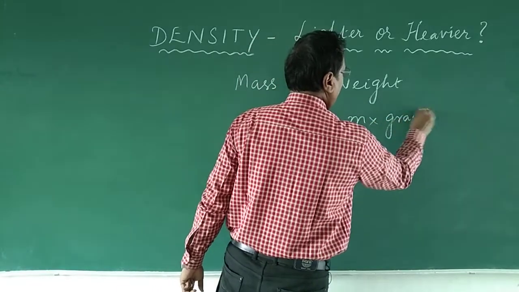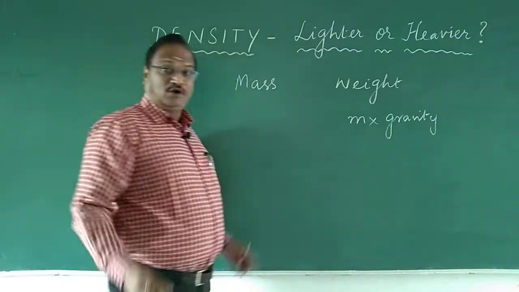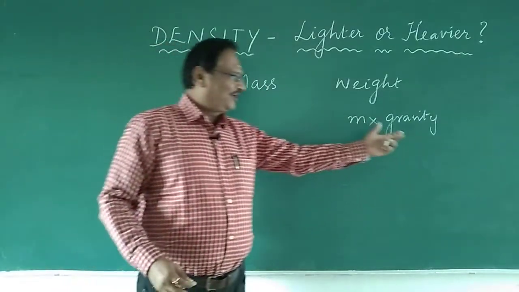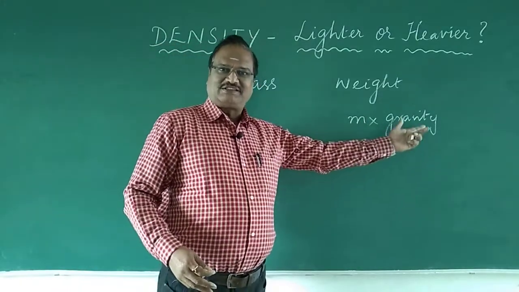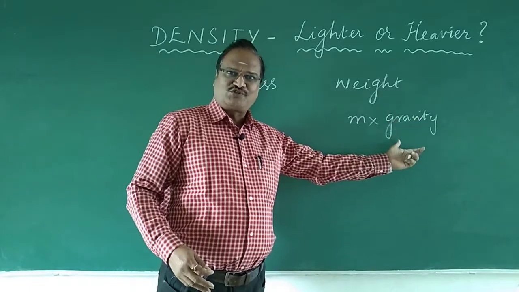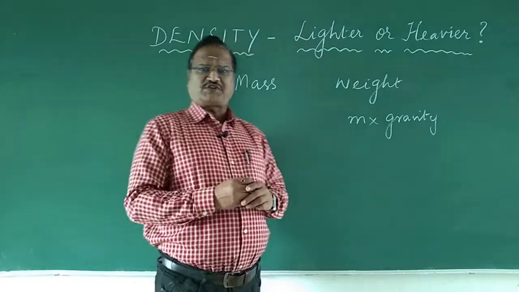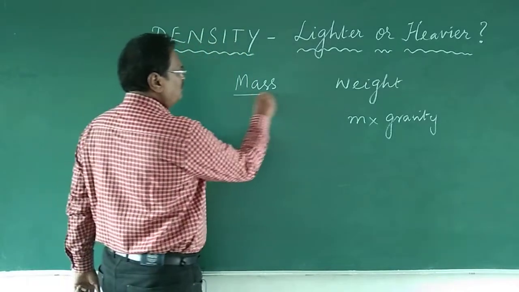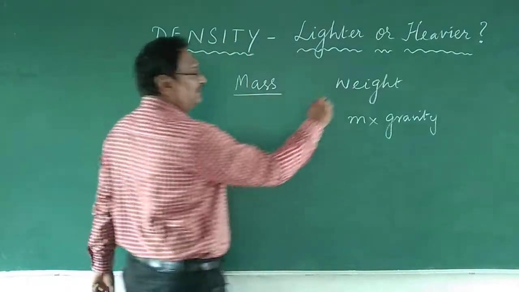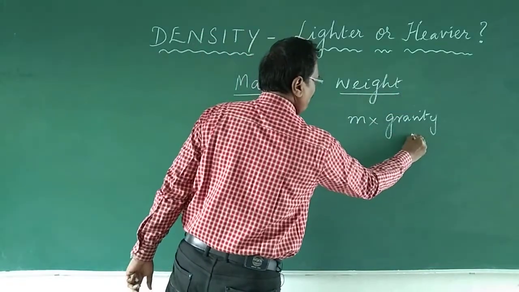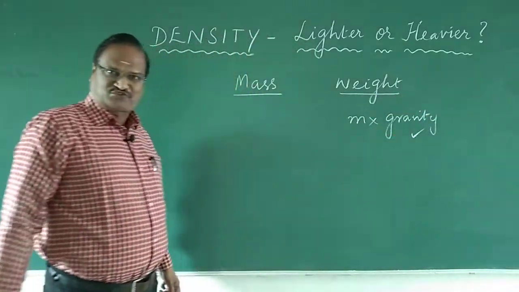For example, gravity is that of big objects like the Earth, Sun, Moon. So mass into gravity. And we also studied that mass does not change, but weight varies because gravity changes.